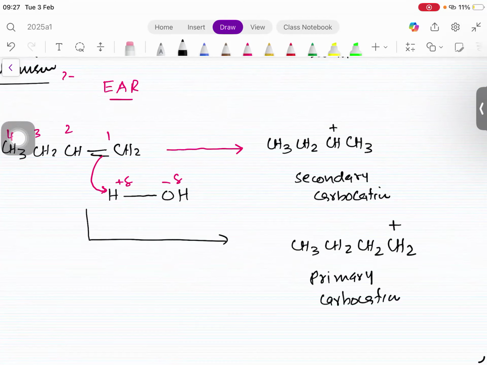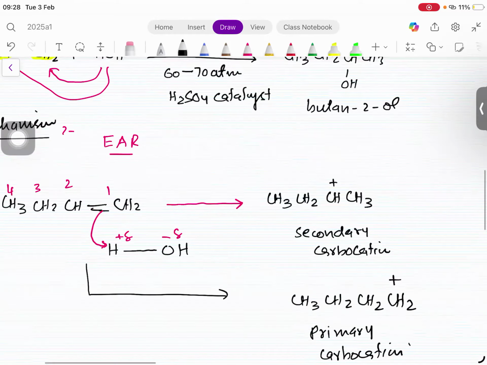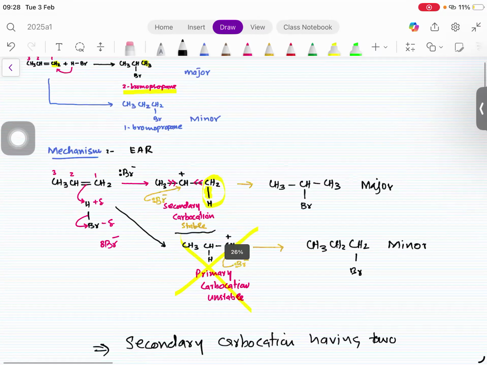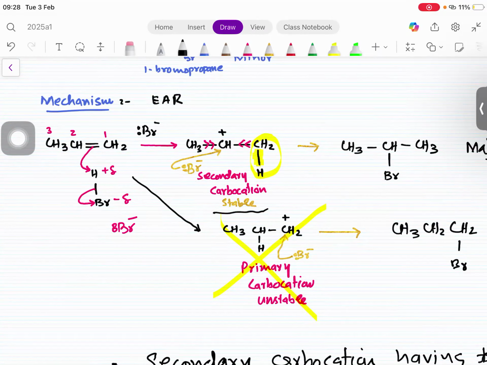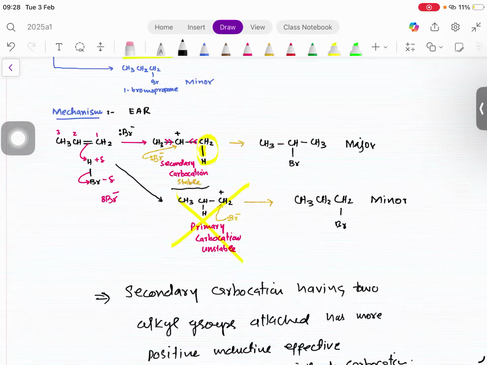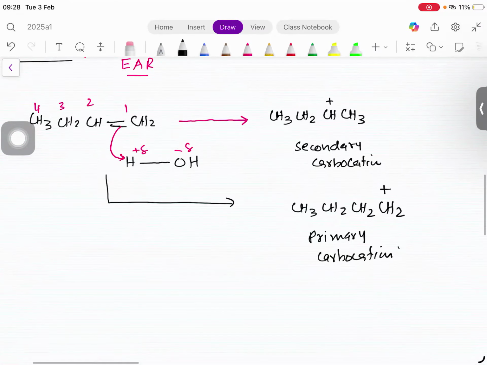A tertiary is not possible because only these two can attach. So there is no tertiary here. If it were methylpropene, yes, that would be tertiary. But in this case, or in propene, they are secondary. Propene, we did above, look at this. But if it is methylpropene, yes, that will be a tertiary carbocation, and that will be more stable. Here you go. Aisha, yes, go ahead.